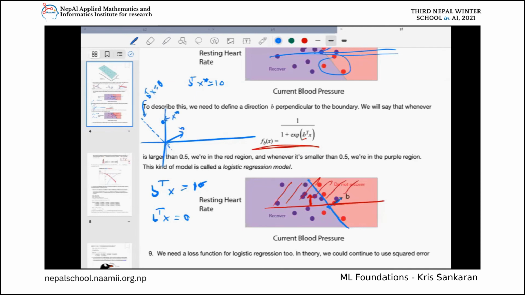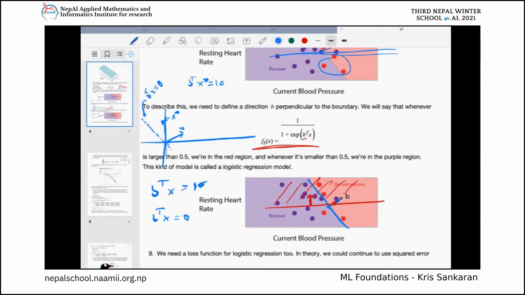You just happen to know that the inner product B transpose X star is 10, just miraculously. But once you know that one, you can add any point along this dotted line to that point, and it's still going to be 10.